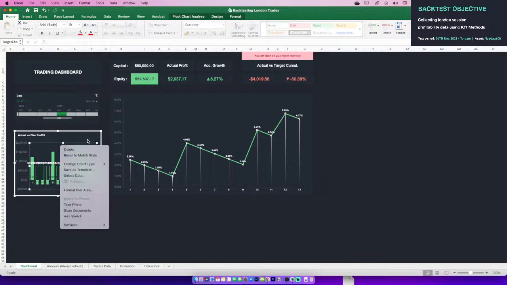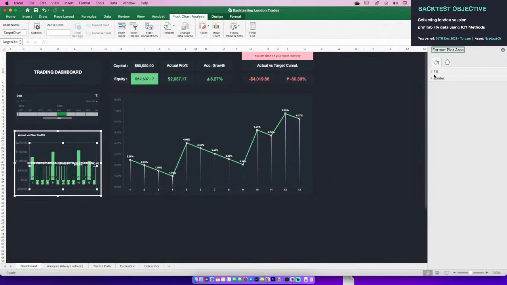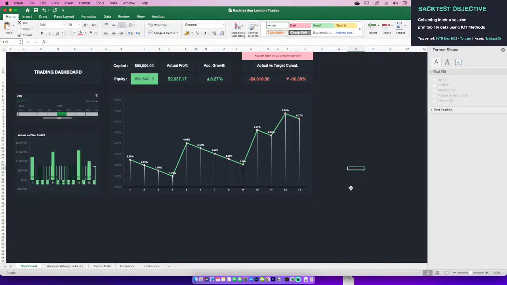One thing that I can do is, no, that's not what I'm looking for. Do I need the labels? Text option. No fill. Maybe I can leave it like that. Yeah, that's a little bit cleaner.